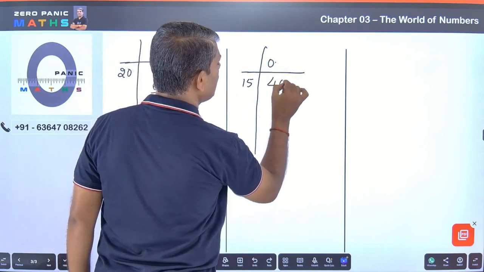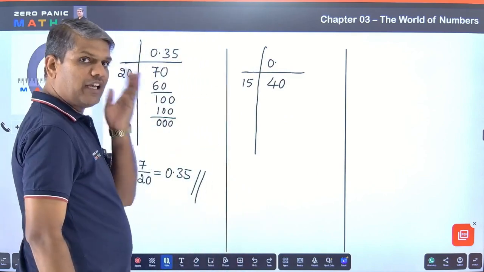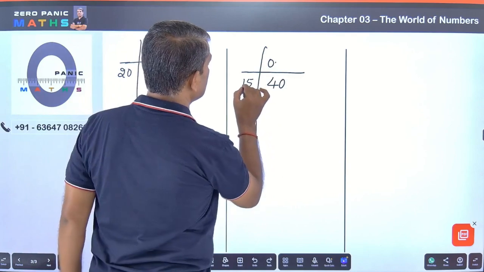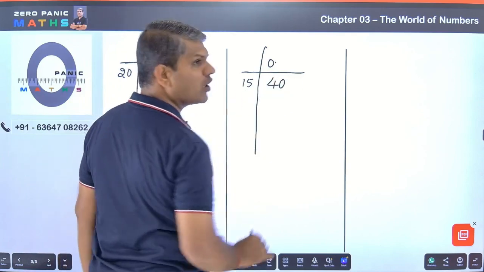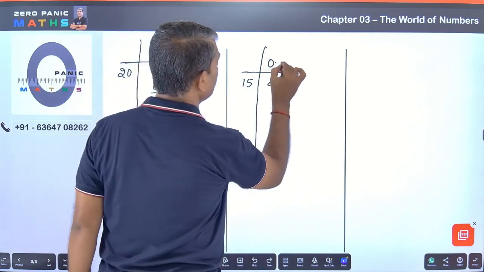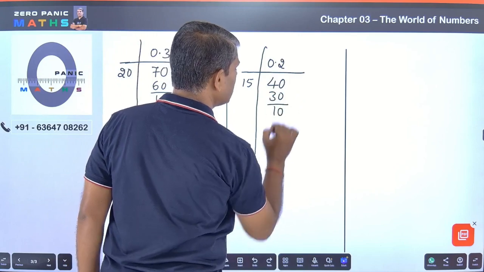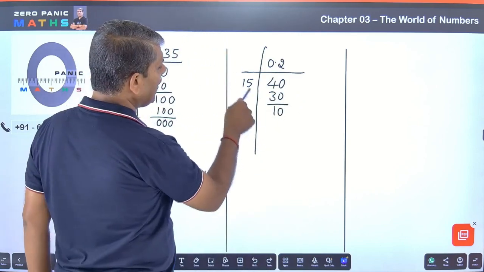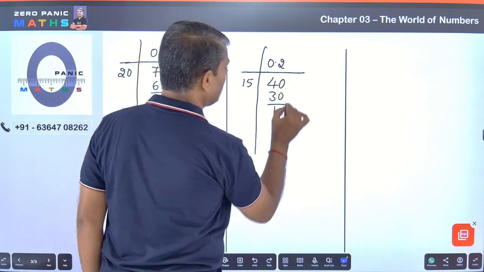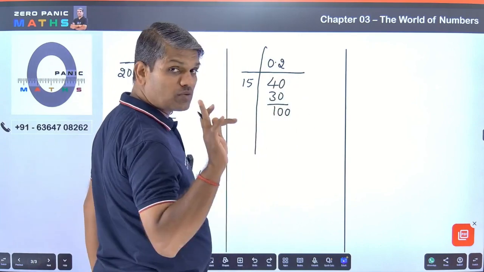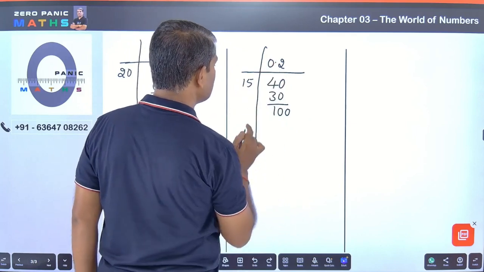When I take 0 point, I will get an extra 0 borrowed here. So 15 threes are 45, so 15 threes I cannot do, 15 twos I can do, which is 30, and it is left with 10. Since 10 is again less than 15, I can borrow 0. I can just borrow 0 because of this decimal.